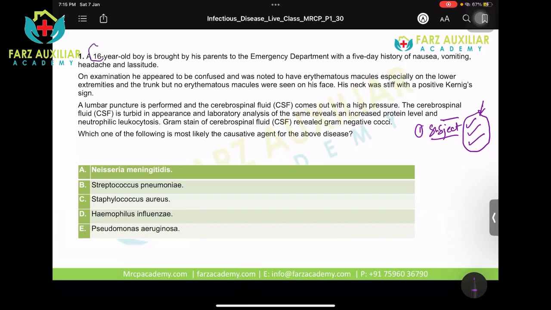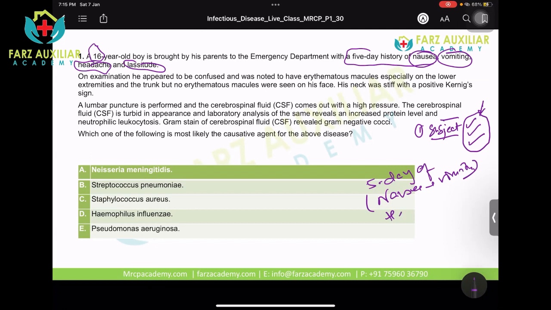So we have a 16-year-old boy who is brought by his parents to the emergency department with a 5-day history of nausea, vomiting, headache, and lassitude. I reckon that this triple combination refers to meningitis.